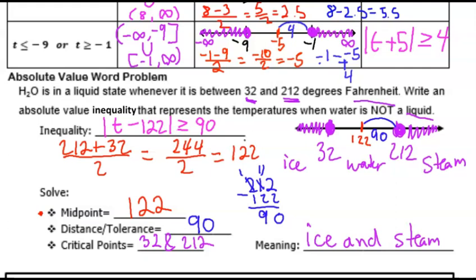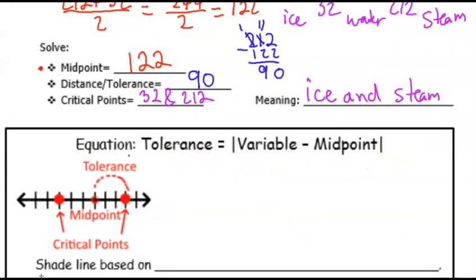When the outside is shaded, the absolute value part will always be larger. When we shade the inside, the absolute value side will always be smaller. So here's the equation. We have tolerance equals the absolute value of the variable minus the midpoint. Here's our diagram of this. Again, you'll shade the line based on these things right here.